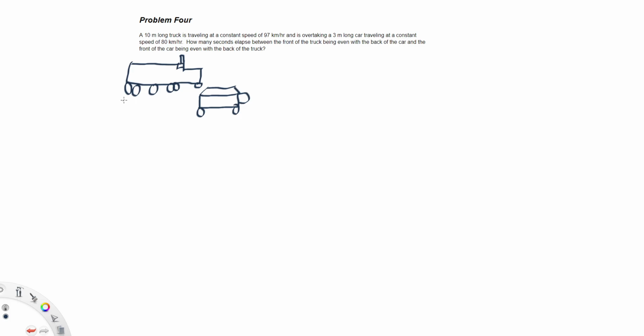The length of the truck is 10 meters. The length of the car is 3 meters. We also have the second case that we want to consider, when the truck has actually finished overtaking the car. And for this, I'm just going to draw boxes because I'm embarrassed by my truck drawing abilities.